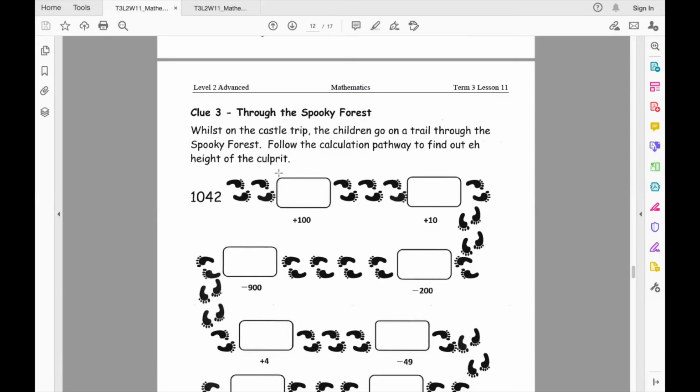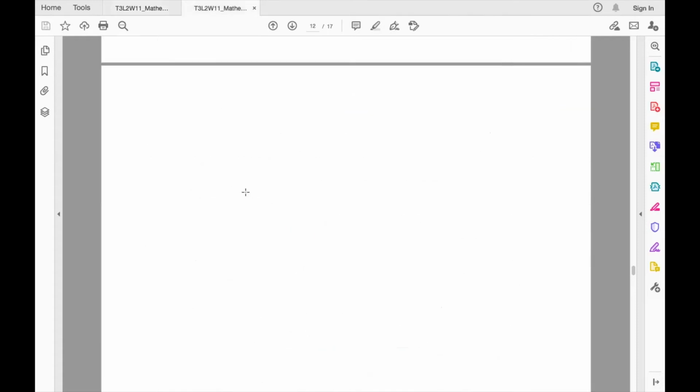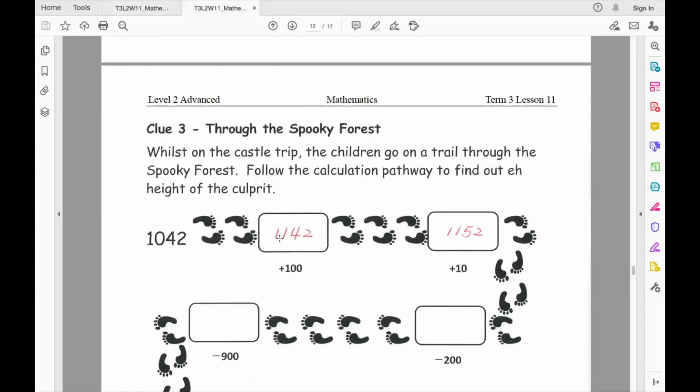Let's do the first two together. So what do we have to do? We are starting at the number 1042. Now we're moving through the forest. When we get to the next part of the forest, we have to add 100 to that. So adding 100, we get 1142.